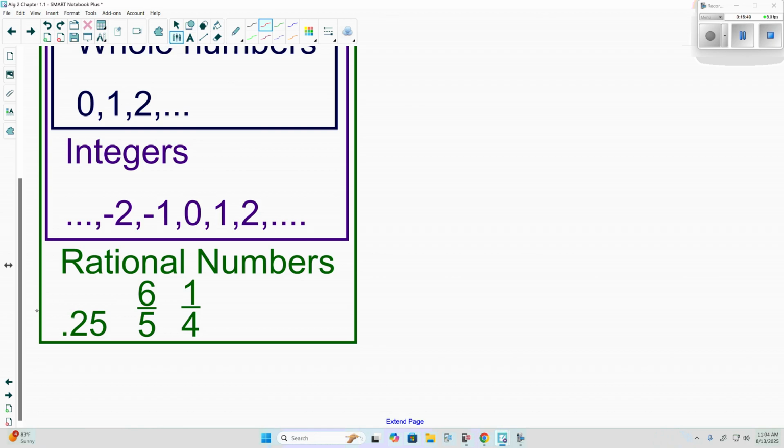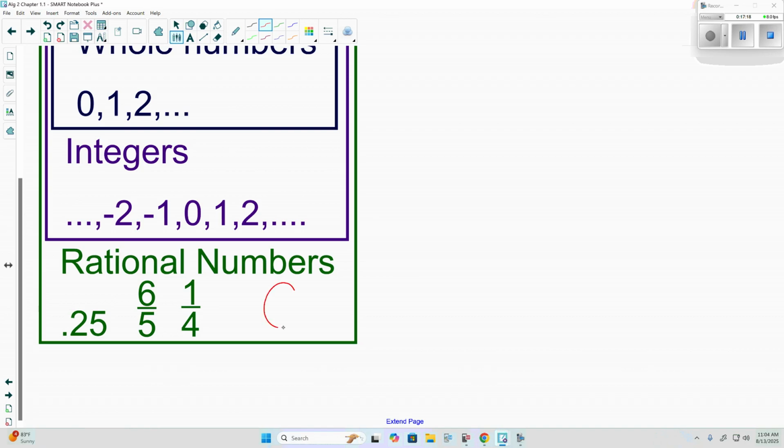Well, the next thing we're kind of missing are some of the numbers between our integers. So between 0 and 1, or 0 and -1, and those are our rational numbers. Those are our fractional numbers. Anything that can be represented as a fraction, 1/4, 1 2/3, any of these that can be represented as a fraction are our rational numbers.